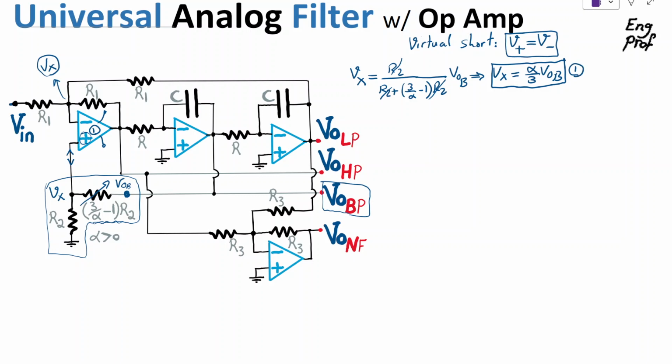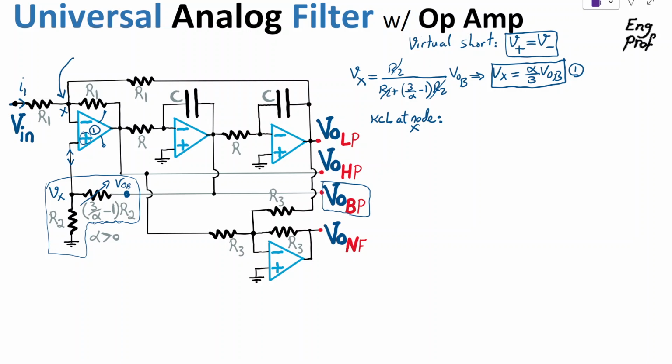Now, let's write a KCL at the node that we refer to as node Vx, so node X. KCL, or Kirchhoff's current law, means that the sum of currents arriving at a node should be equal to 0. So KCL at node X indicates that there is this current going in, let's say I1.